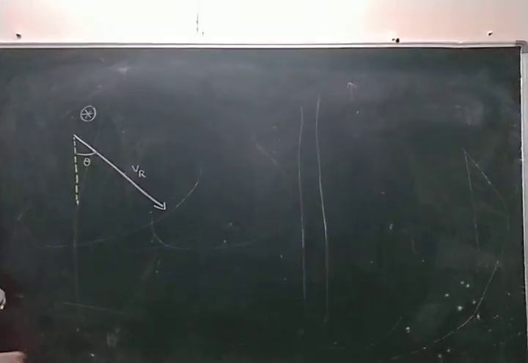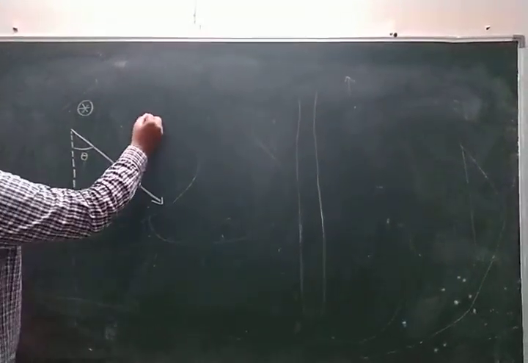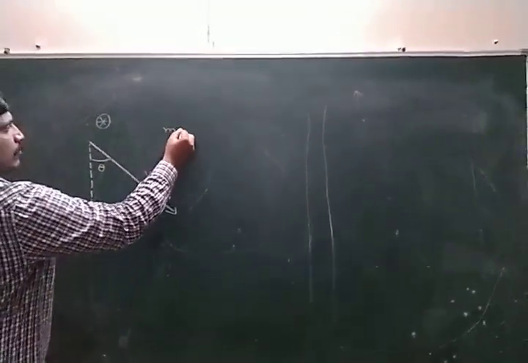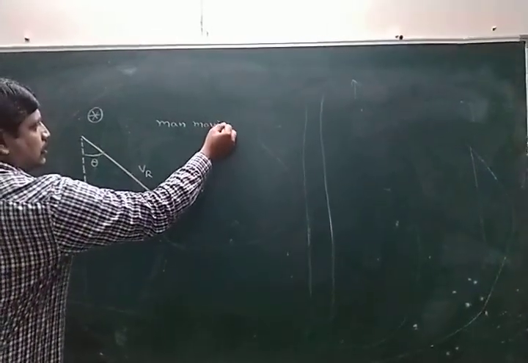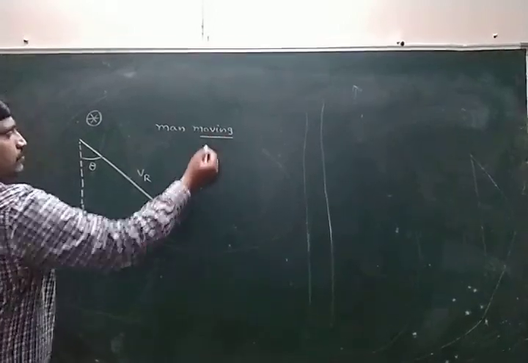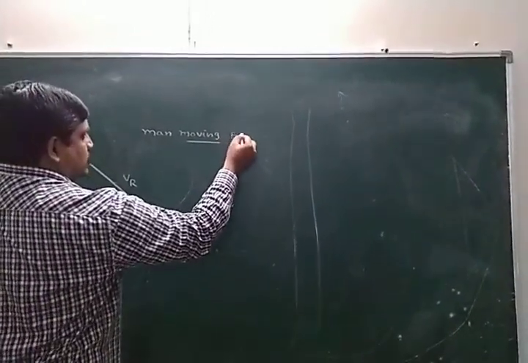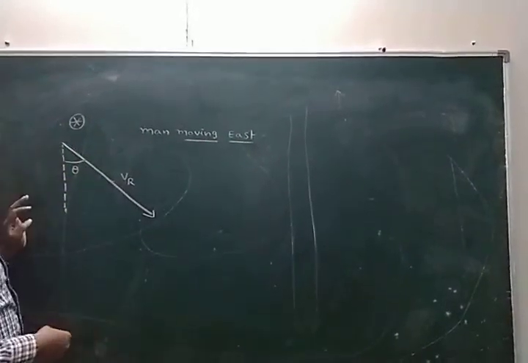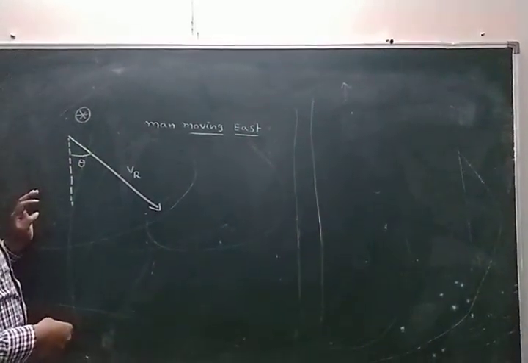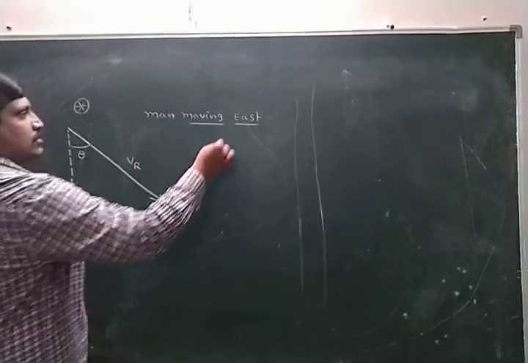Here, look here now. Suppose the question is a man moving eastward. In the rain umbrella concept, yesterday I discussed a man moving east. Once again I repeat now. Man moving east.